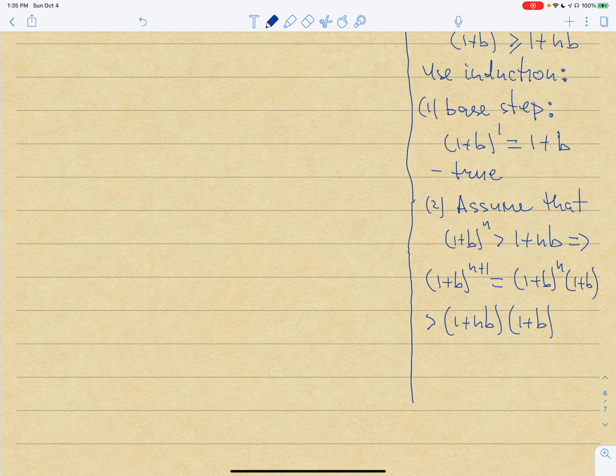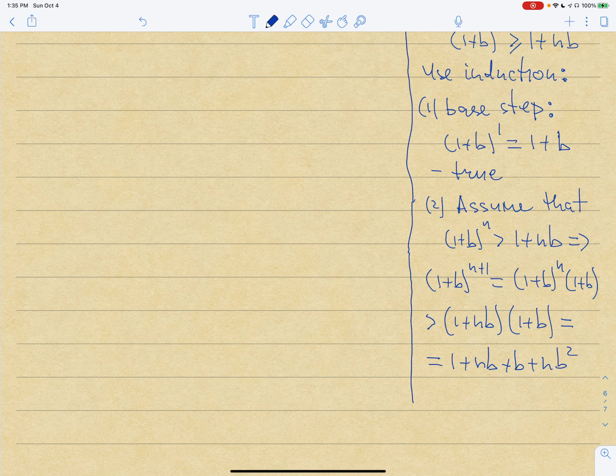Because I'm multiplying (1 + b)^n and 1 + nb by 1 + b. So basically what I did, I just took this inequality and multiplied by 1 + b. All right, and then if I distribute, this is 1 + nb + b + nb^2.